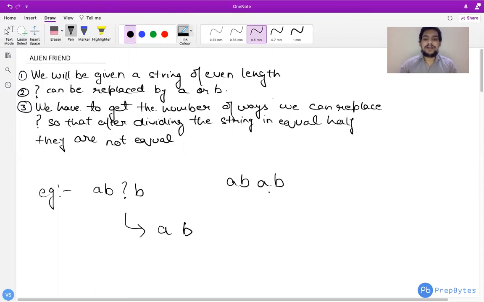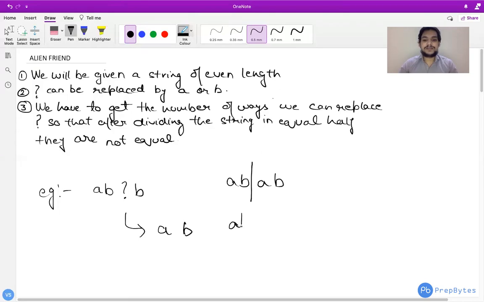Now we will divide it into two halves. The first half will be this, the second half will be this, and they are both identical to each other. So we will not count this, because this is the message from the alien, and we do not count the message from the alien. We have to count the rest of the combinations that are generated.